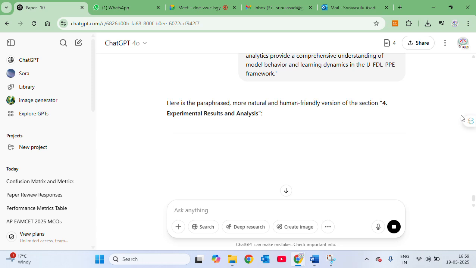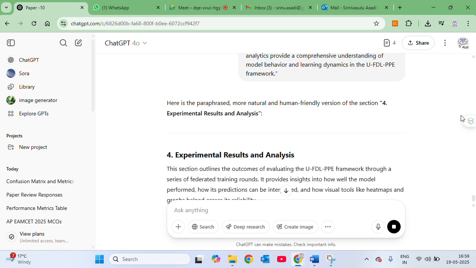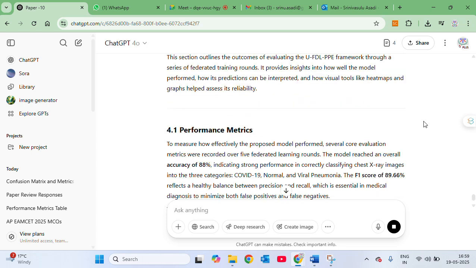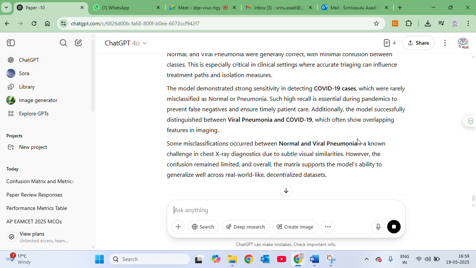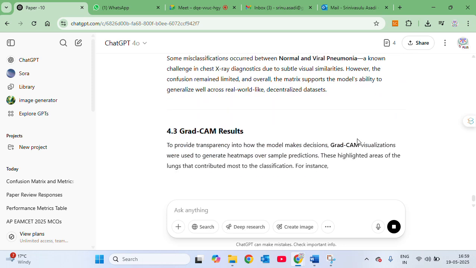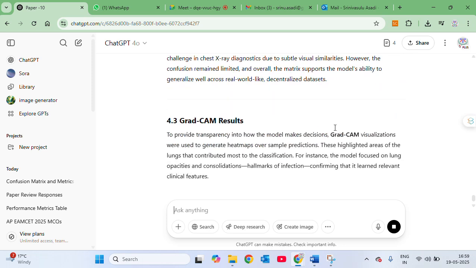So are you understanding, Ramchand, what we are doing? Yes, sir. Yeah, you need to learn how to prepare a research article. Yes, sir. So confusion matrix and Grad-CAM results, now it is generating.